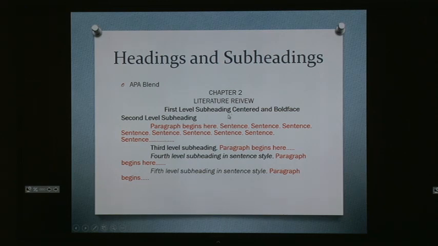So the first level subheading will be centered and boldface. This is APA style, and follow APA from there. Otherwise, if you're doing strictly APA, your first level subheading would be this. But for a thesis or dissertation at ETSU, we want you to have the main heading like that.